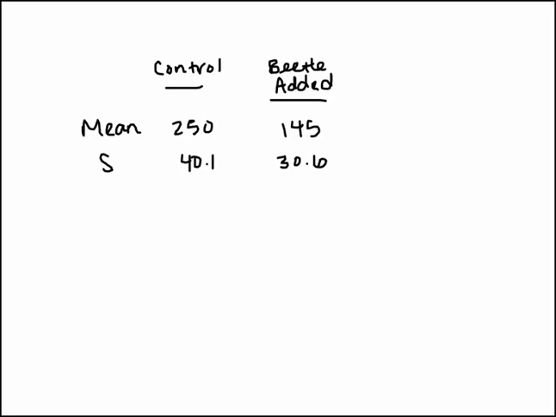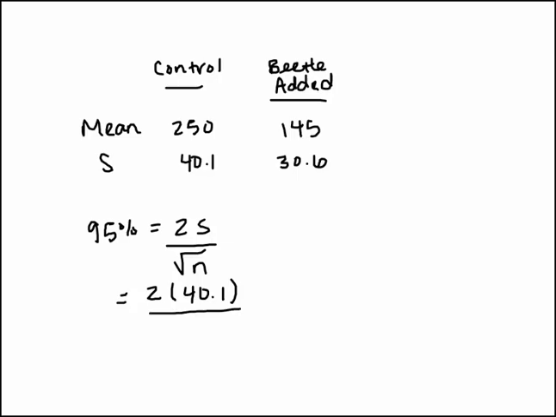So my 95% confidence interval for my control would be calculated by 2 times the standard deviation over the square root of n, which in this case is 2 times 40.1 over the square root of 10. Because remember, n is the number of samples.